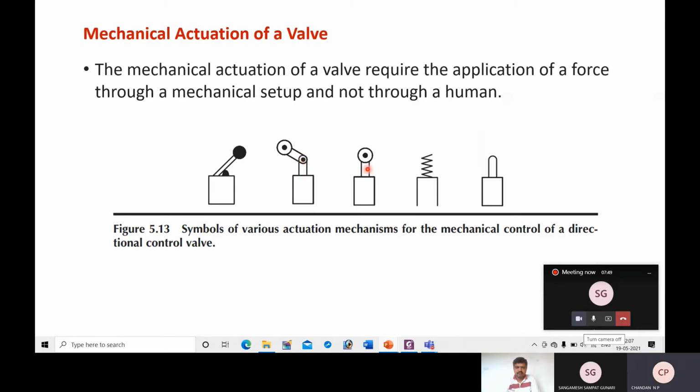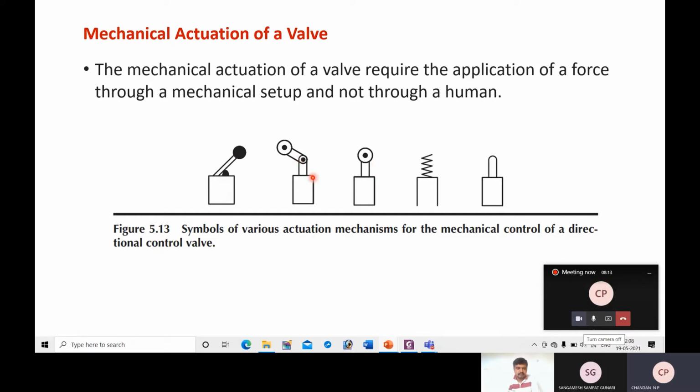The second and third one. In both, the roller lever operated, it can be used to control the distance, like a limit switch, the required distance. In the roller operated, we cannot achieve that control.